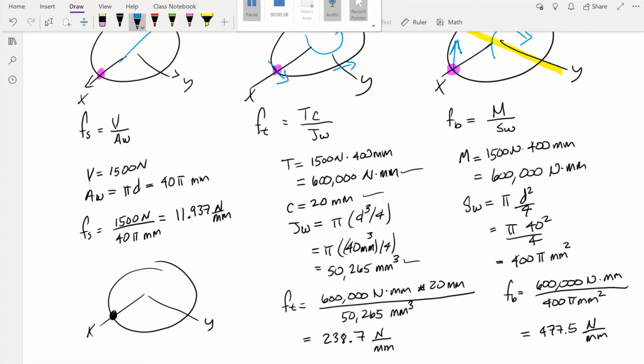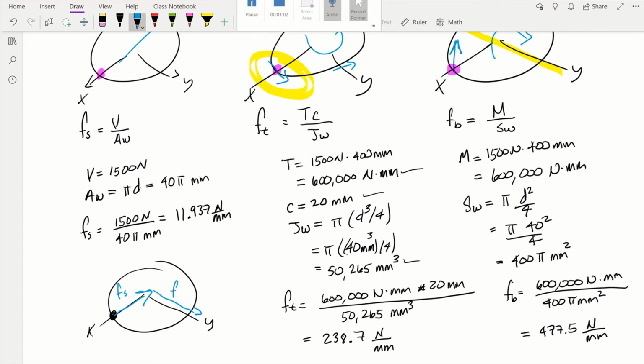We already said that we have a force here that is shearing, right, towards the negative X axis. Next, we have a twisting force, which is along the Y axis here. So we have a twisting force in this direction. So let me go ahead and label. This is Fs.